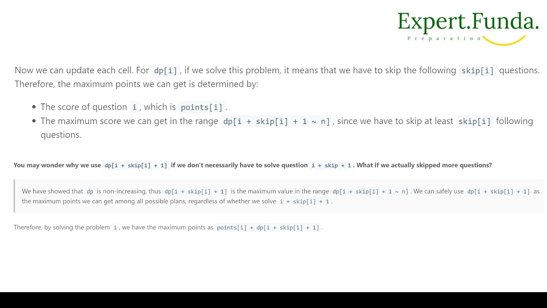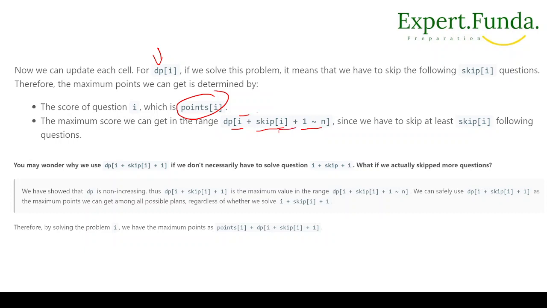Now we can update each cell, dp at I. If we solve this problem, it means that we have to skip the question at any index, right? So the score of I that will come is nothing but the point of I, score of I is the point, right? And the maximum score we can get is from the range I plus skip of I plus 1 to n.